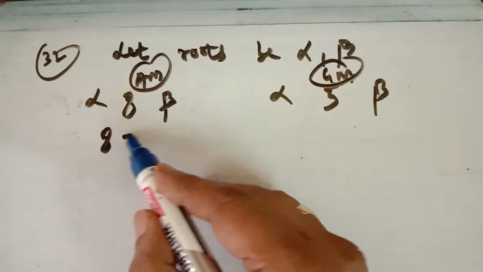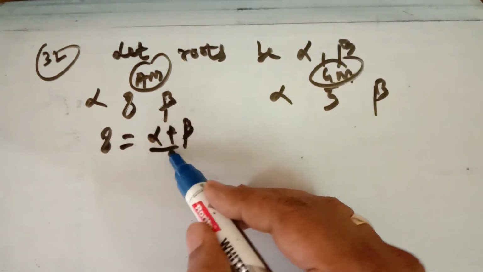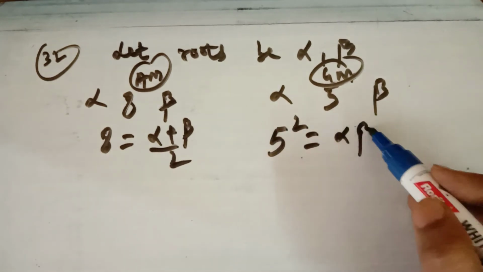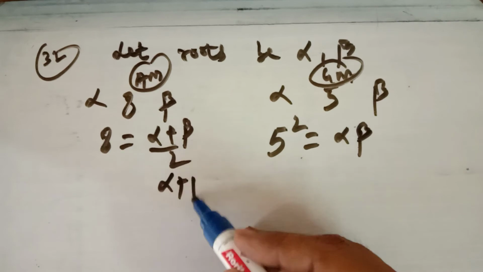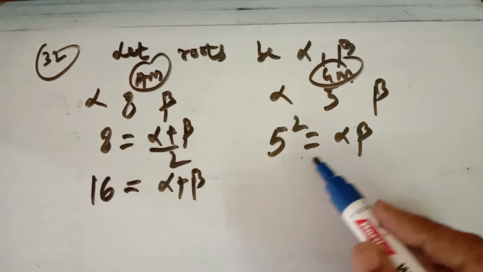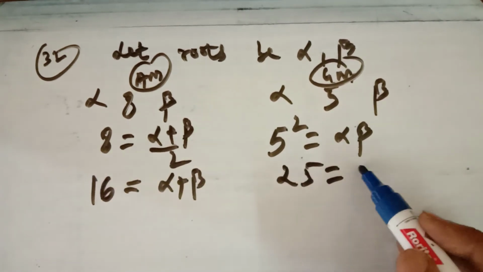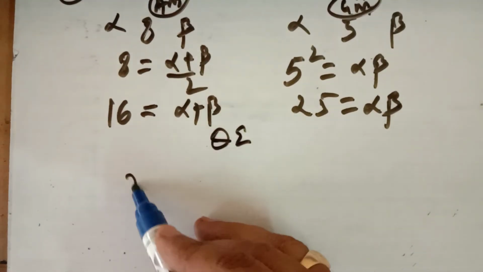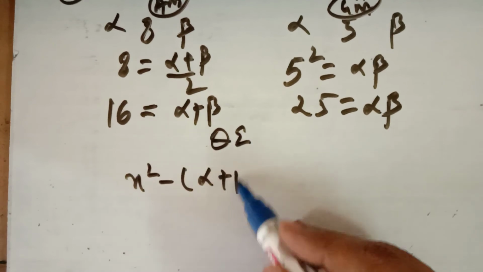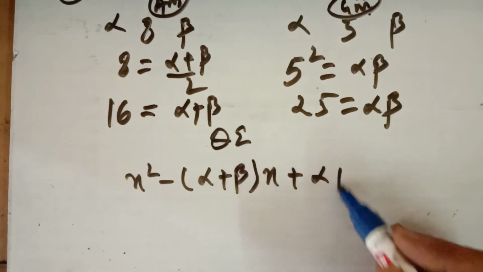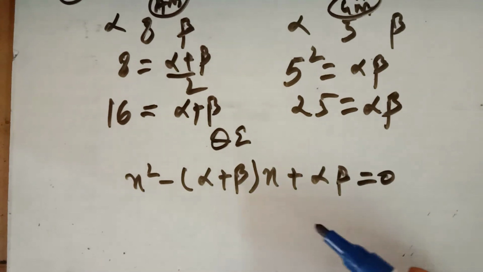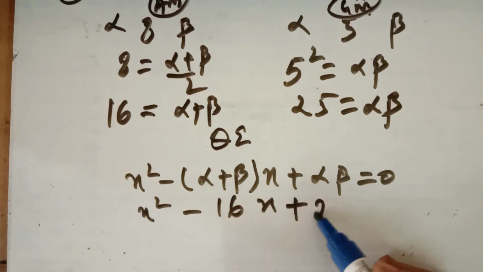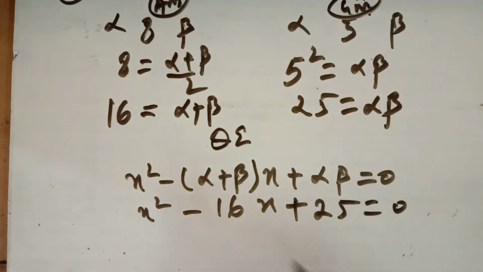We know that arithmetic mean is the average of these two numbers, and for geometric mean, the square of the middle term is equal to the product of the first and last. So alpha plus beta is equal to 16, and alpha into beta is equal to 25, and you have to find the quadratic equation. Now the quadratic equation, you know, is x square minus sum of the roots into x plus product of the roots is equal to 0. This is the quadratic equation formula. So the sum of the roots is coming out to be 16, and the product of the roots is this. So this is the quadratic equation.